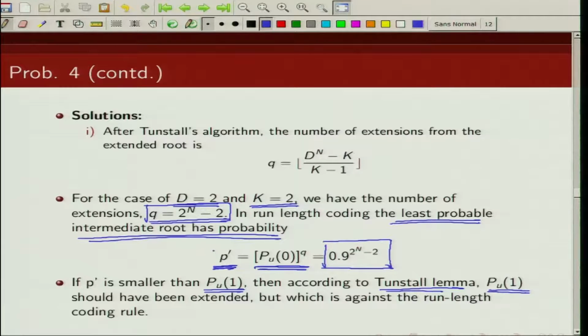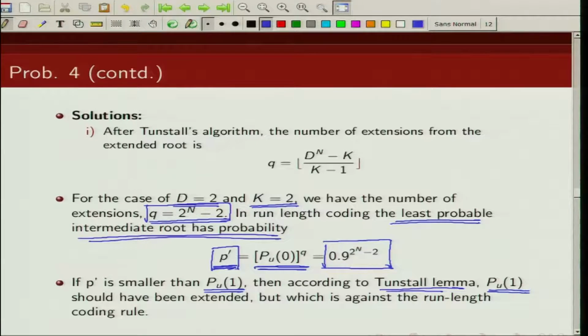If this intermediate probability p dash becomes less than the probability of U being 1, then according to Tunstall message set construction, we should have extended P of U equal to 1.